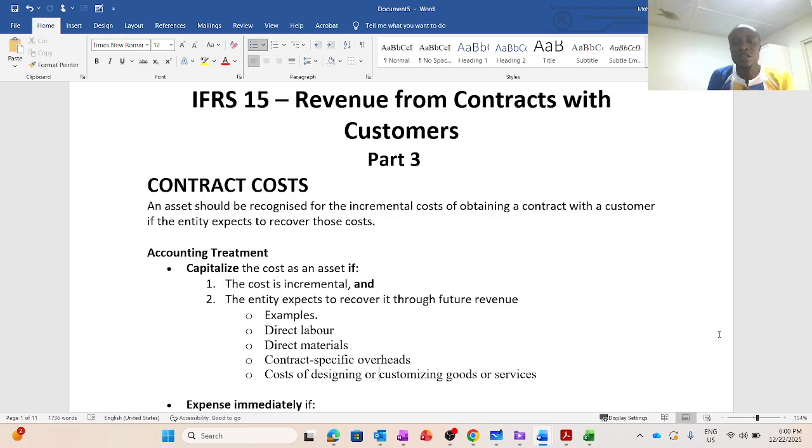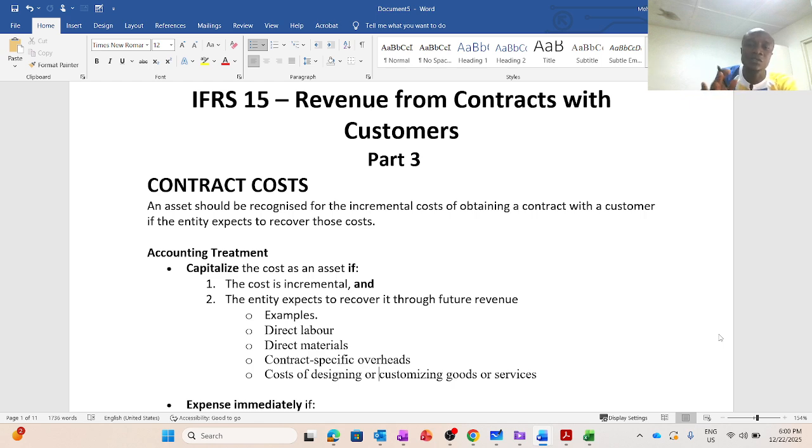But specifically, we are going to look at how we can recognize the revenue over a period of time. We are not going to talk about the recognition of revenue at a particular point in time, as we have already covered that aspect.